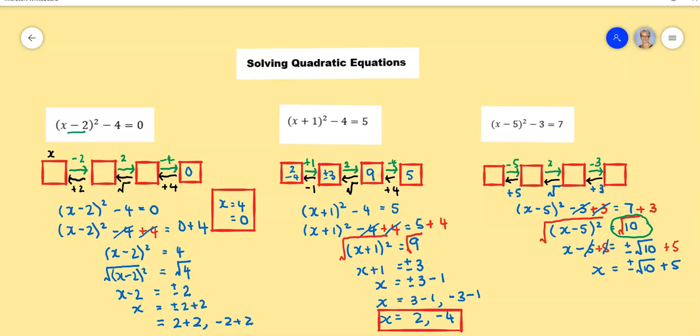Now, I'm going to break my answer up into the two separate answers. So x on the one hand will be the positive square root of 10 plus 5, or the negative square root of 10 plus 5. Now, these answers here are what we call the exact answers.